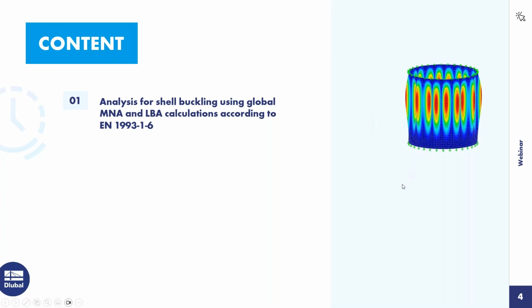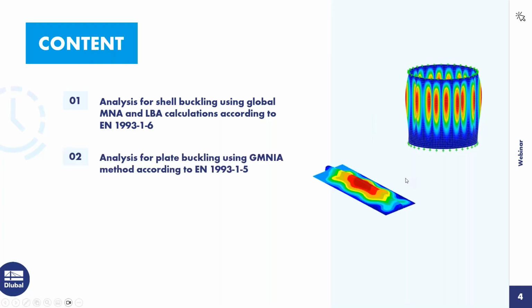You will see that with one of the next slides. Then I take over to my colleague Jonas Bien, and he will do an analysis for plate buckling using the GMNIA method according to Eurocode 3 part 1-5.